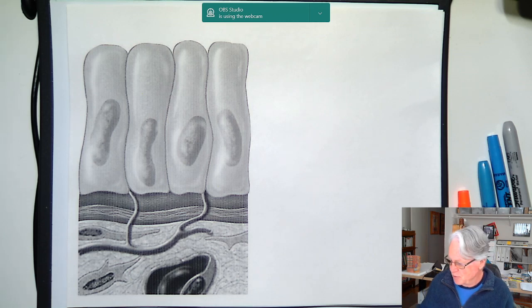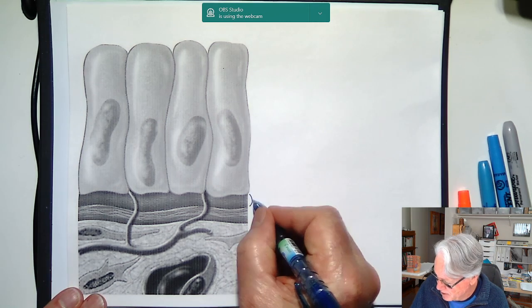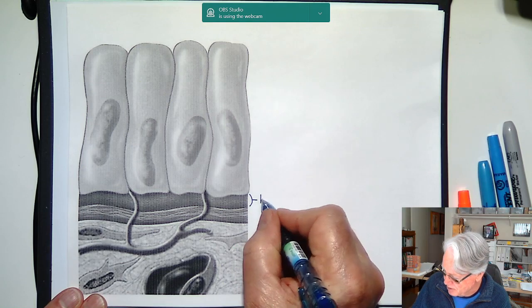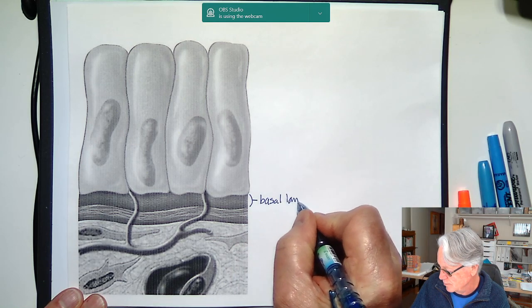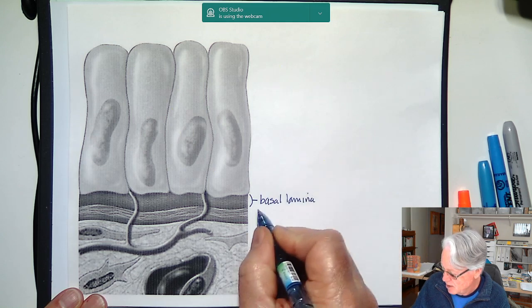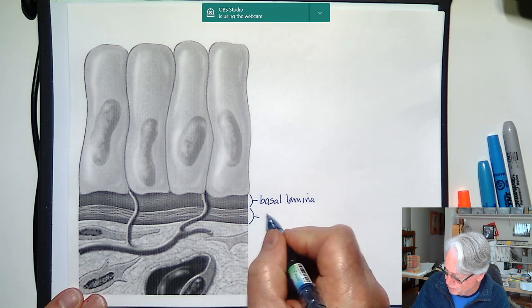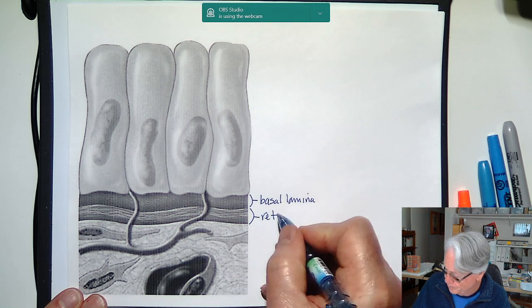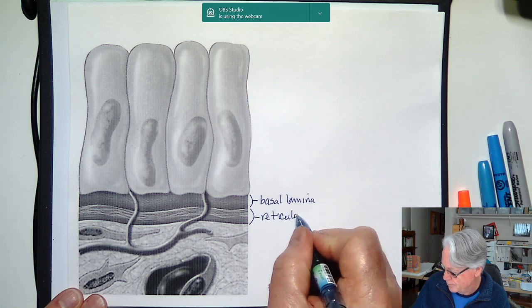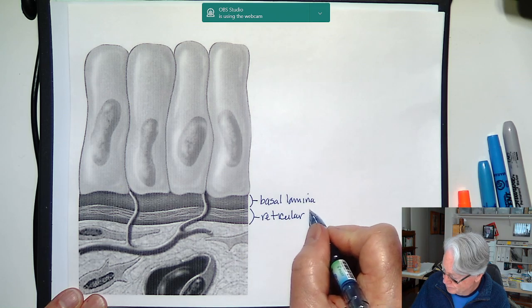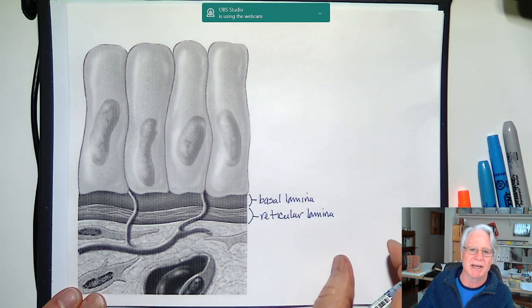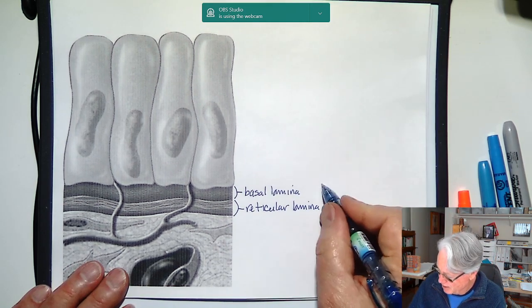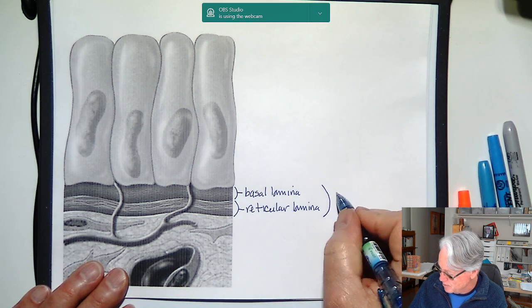Okay, so first of all, we're going to identify this, which is the basal lamina. We're going to identify this, which is the reticular lamina. And lamina is simply a word that means layer. And these two things together are the basement membrane.